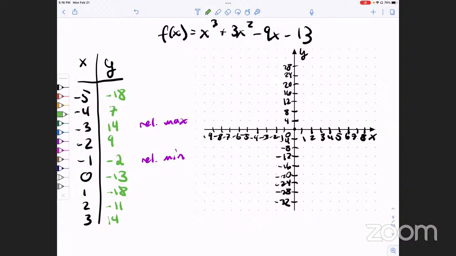So when x was -5, we got what? -18. That's here. All right. So that's -5, -18. -4, 7. That's about here. -3, 14.